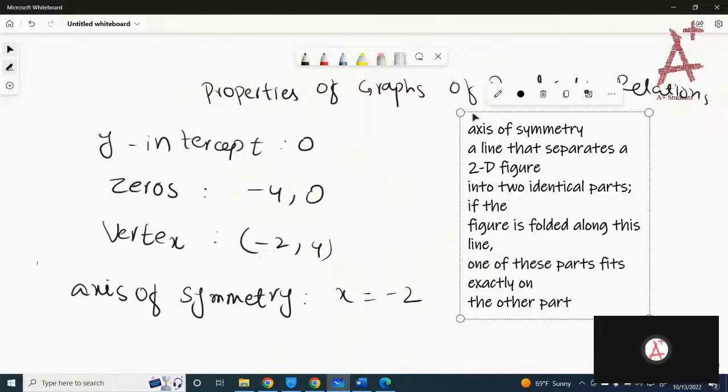If the figure is folded along the line, one of these parts fits exactly on the other part. That is the definition of the axis of symmetry. You can note down the definition from here. Got it?